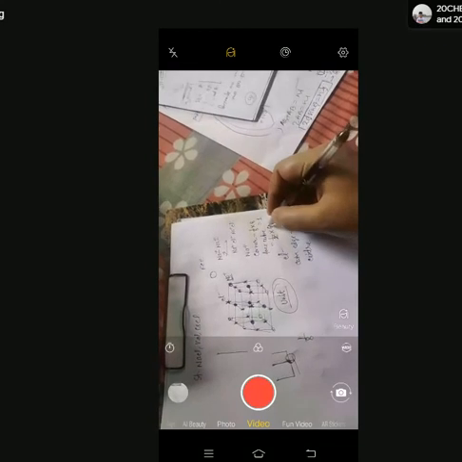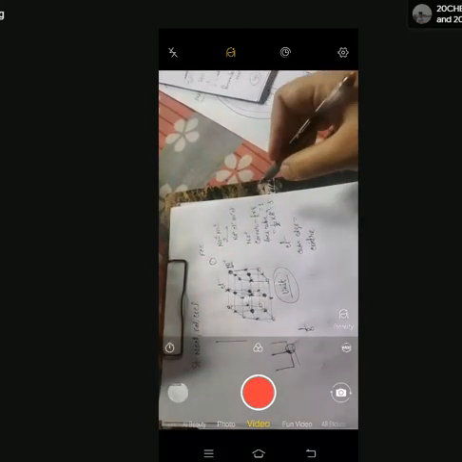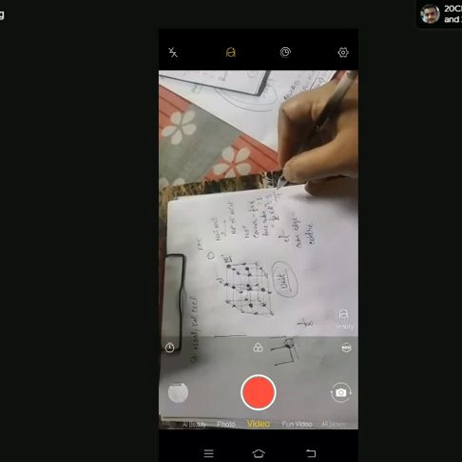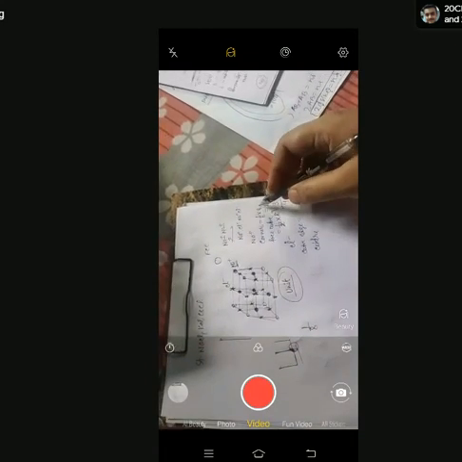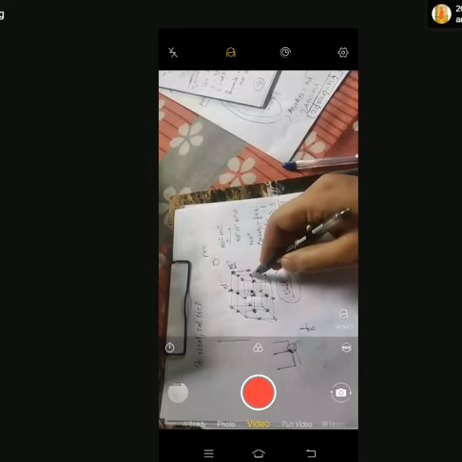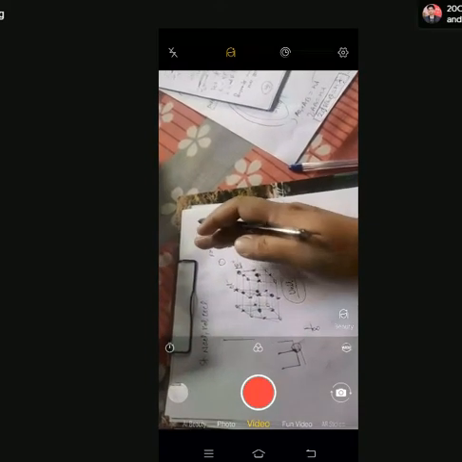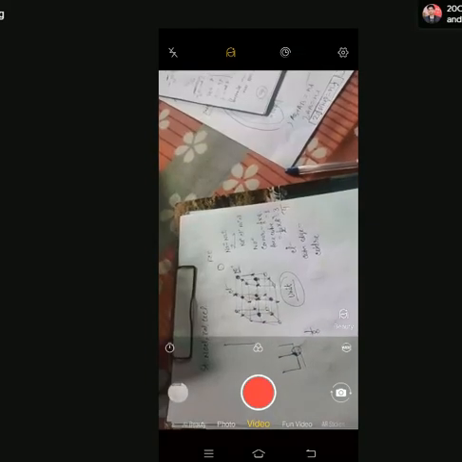So this is 3. So the total number of Na+ will be 3 plus 1, that is 4. 3 at the face center, and it is seen like this. It seems like the whole Na+ is here, but it is shared with another unit cell.